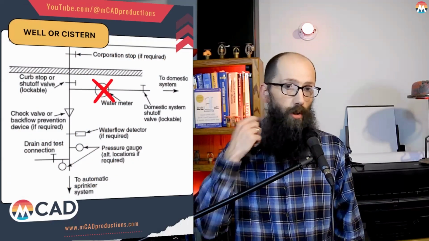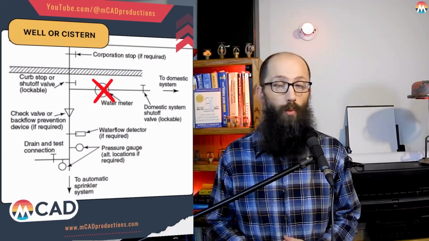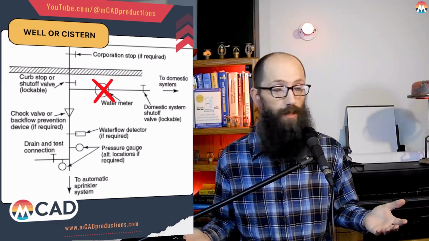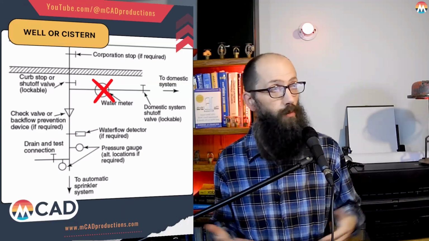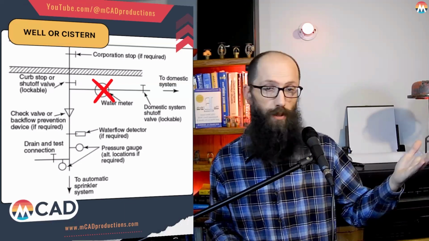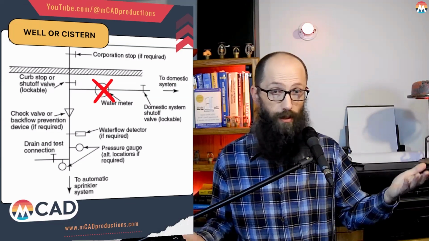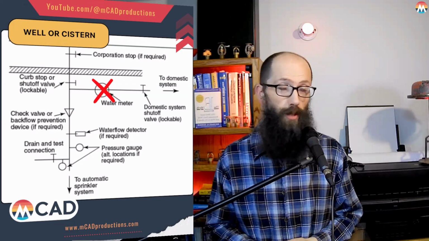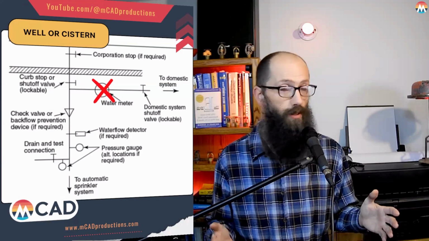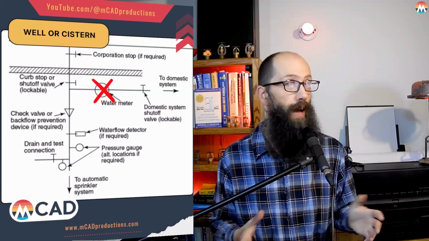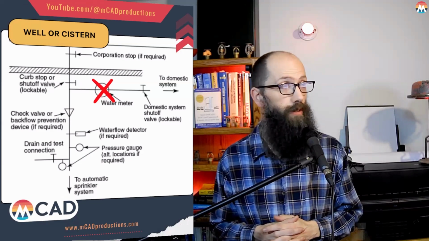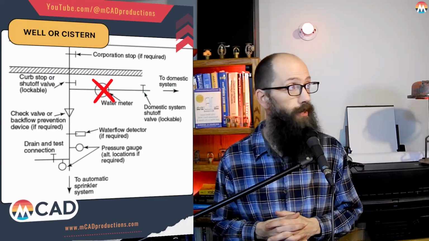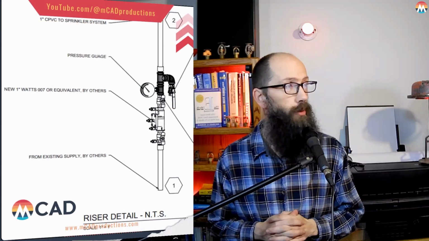So when we look at that, basically it's exactly the same as the last setup, but we just replace the city main with the well or cistern, and there's not going to be a water meter on your well. Actually, I shouldn't say obviously, because I know that there are actually places that are moving to meter well water, crazy enough. But we won't get into that now.